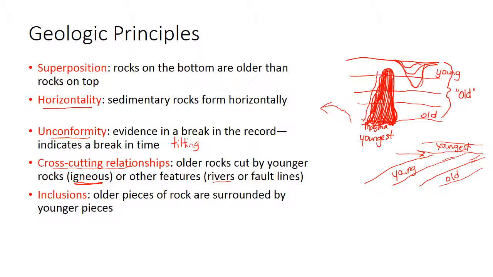And the last thing to mention here are inclusions. This is where you have older pieces of rock surrounded by younger ones. So let's say you have another one of these magma deposits. The magma comes up, it gets hardened into rock, and inside it are these big boulders, pieces of either metamorphic rock or sedimentary rock that get sort of included within the magma.